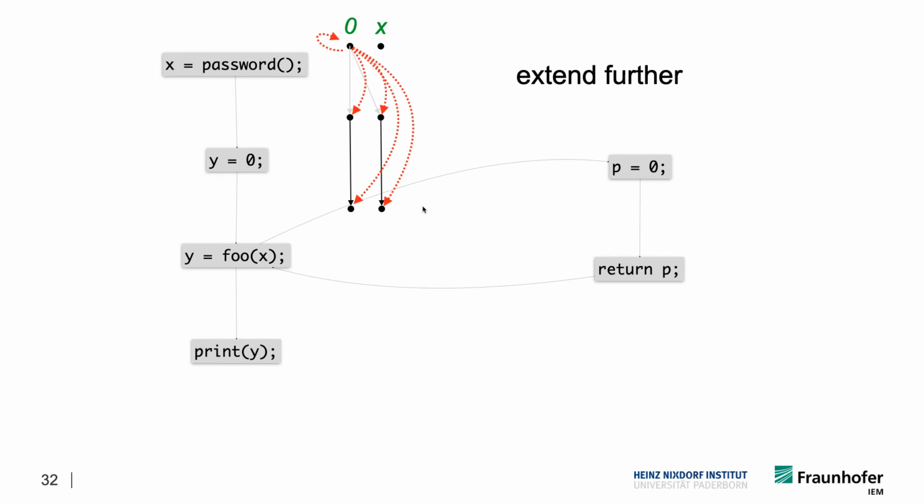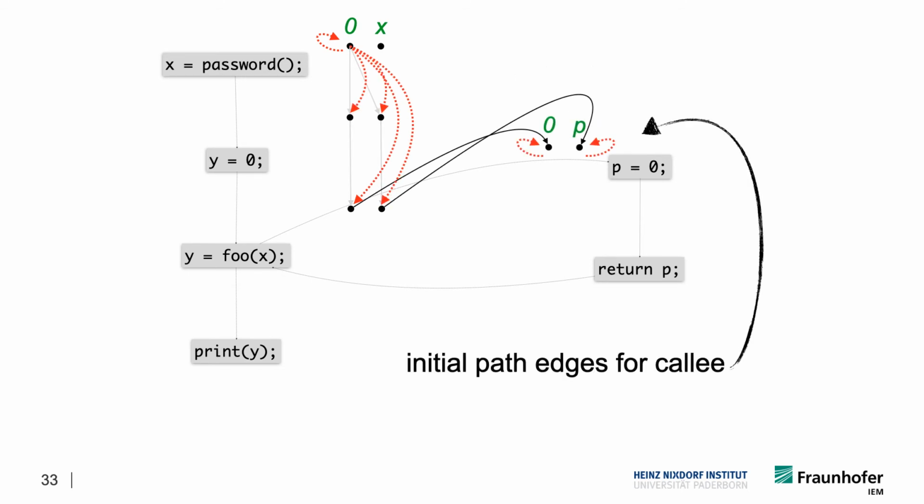And now we will process the call flow function. So this makes parameter P reachable here, right? And now you might think, okay, now naturally we do the same, right? So we will draw an edge from this node to P here, but we won't. Instead, we do this. So let's take a look at this.